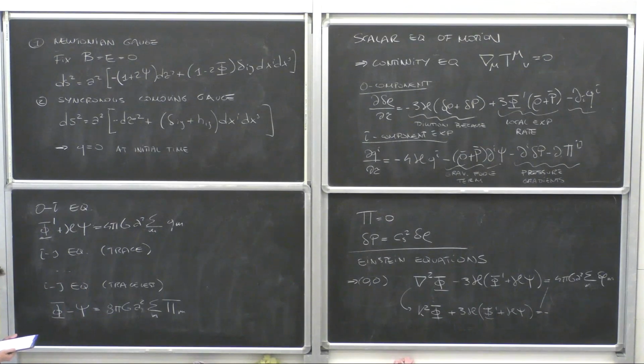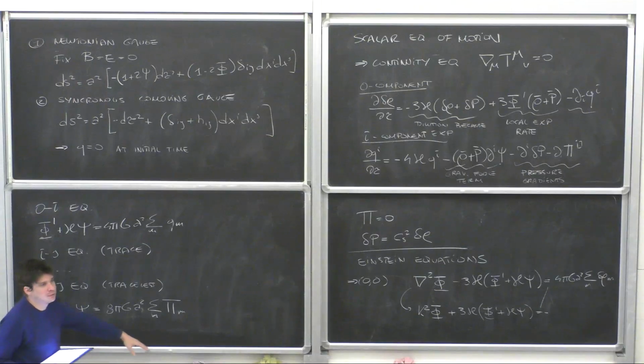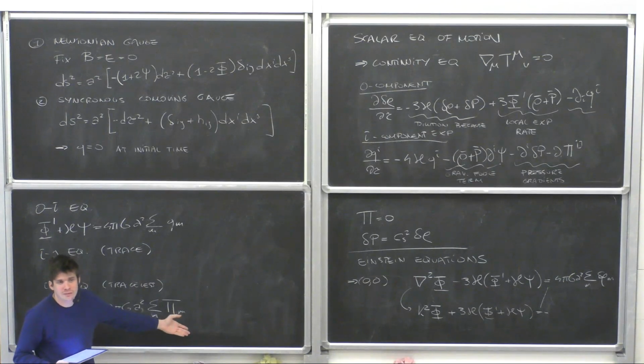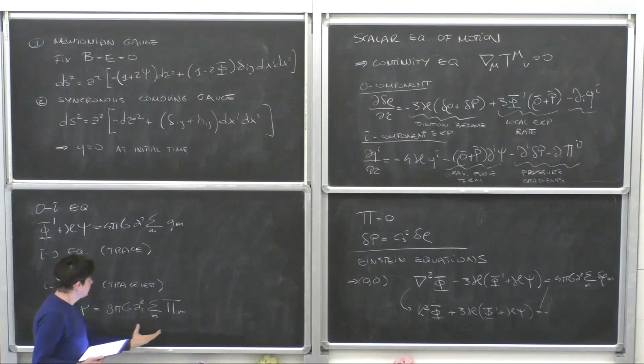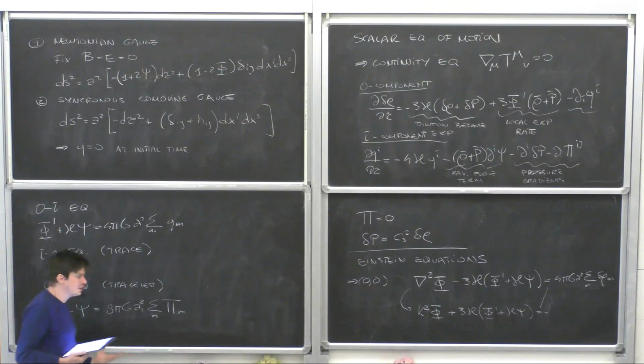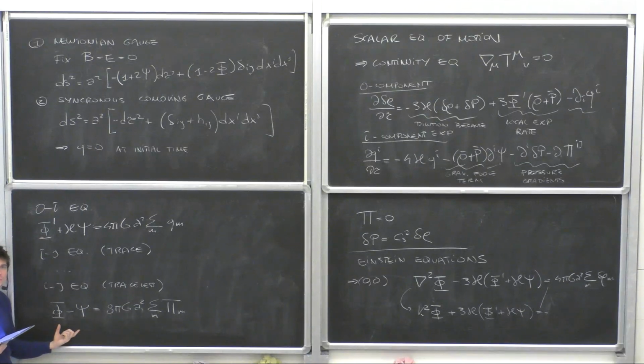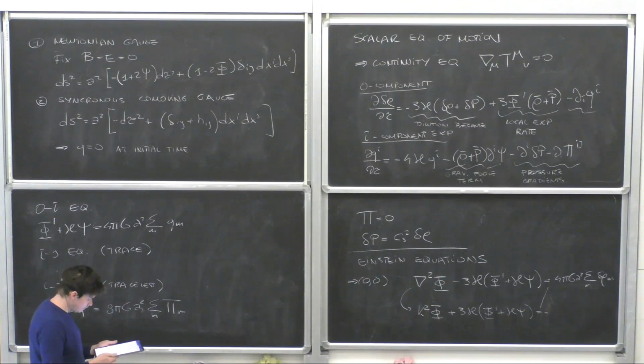And we know that anisotropic stresses are very special because, for example, perfect fluids don't have them, right? So if we had a dynamical model where we only had perfect fluids, then this would vanish, and then the two gravitational potentials would be equal to each other, okay? Very good.